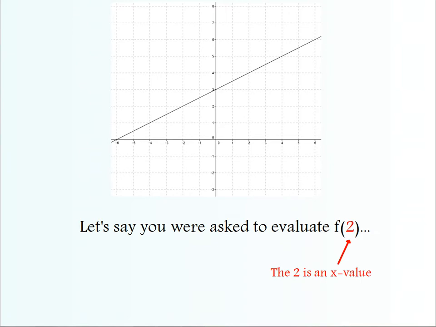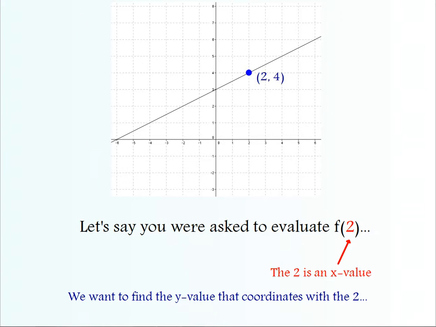I'm plugging it in for x. Well, what that means is I want to find the coordinating y value for that 2. So I'm going to go on my graph to where x is 2. If I come over to where x is 2 and come up to my graph, I find the point 2, 4.